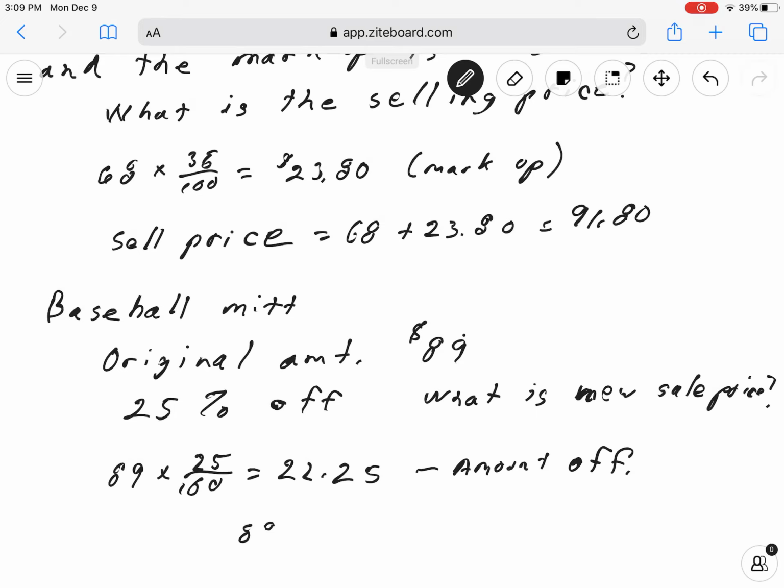So now I have to take the $89 and subtract the $22.25, and that gives me $66.75. Okay, so that should set us up for problems in class, and we'll talk to you then.